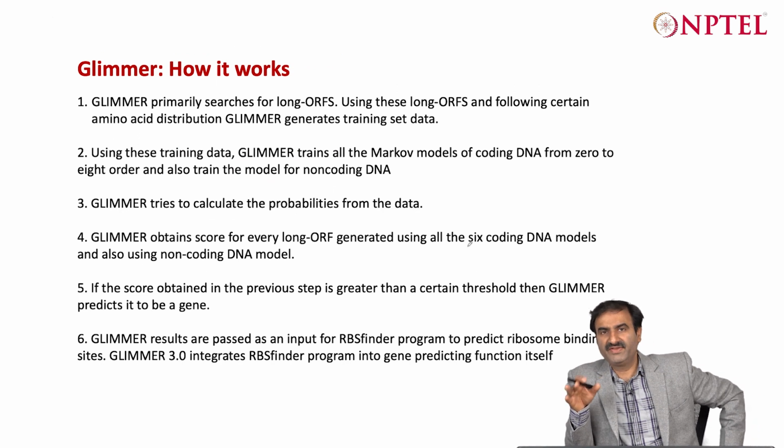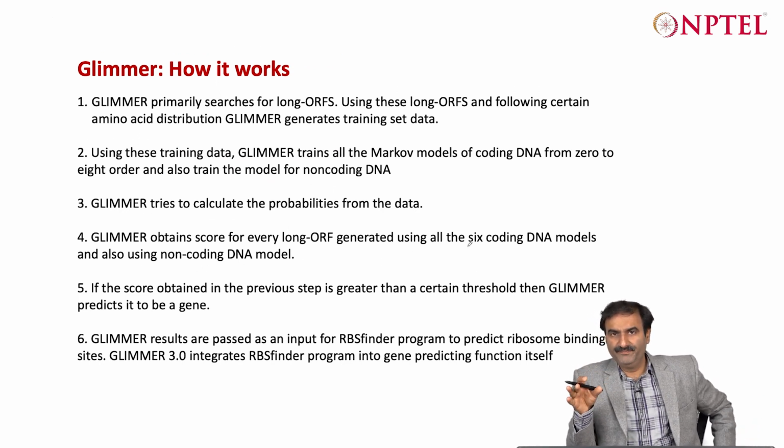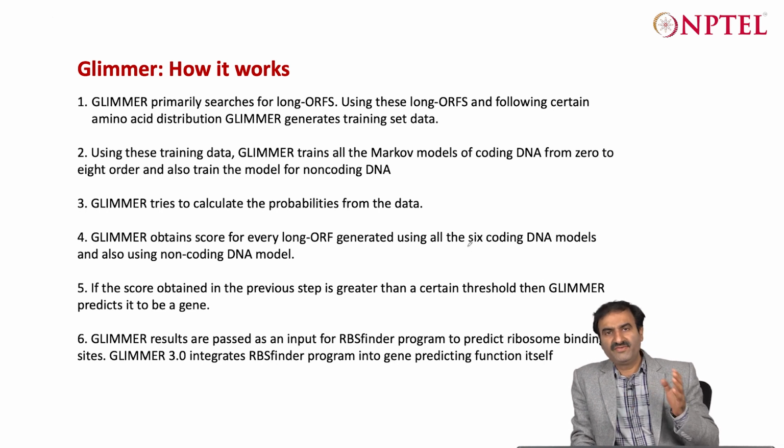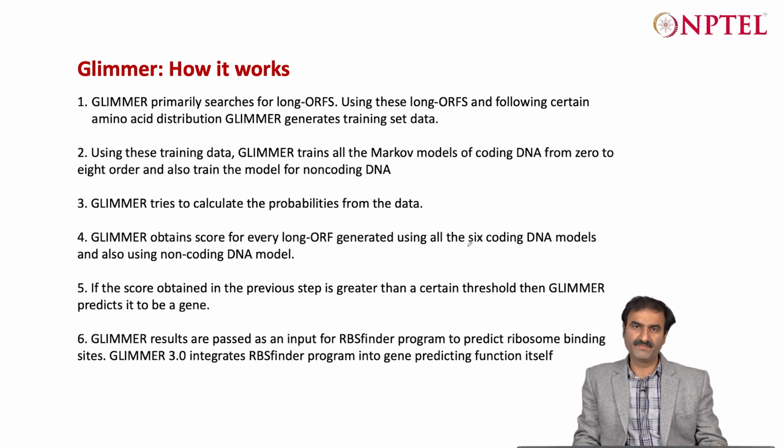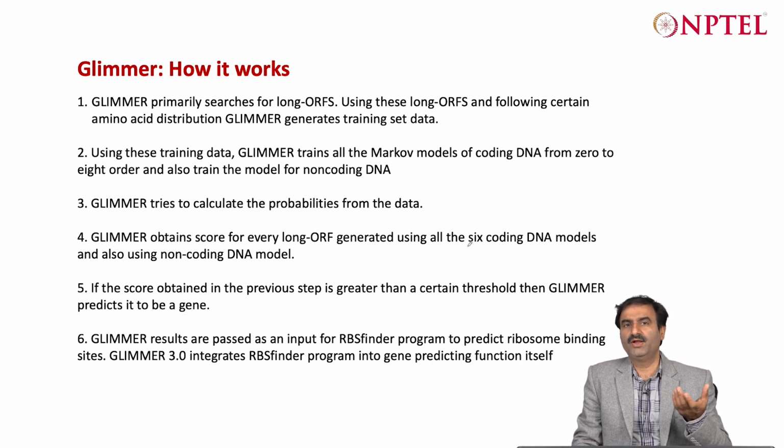So for example, the first thing that it does is, from any genome, it is always true that if I sort all the genes in a genome in decreasing order of length, the longest ORFs will most likely be genes, because bacterial genomes do not waste space and they cannot keep a long region which is not a coding or functional protein coding region in that genome.